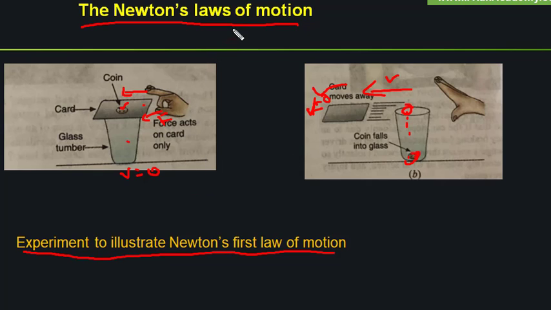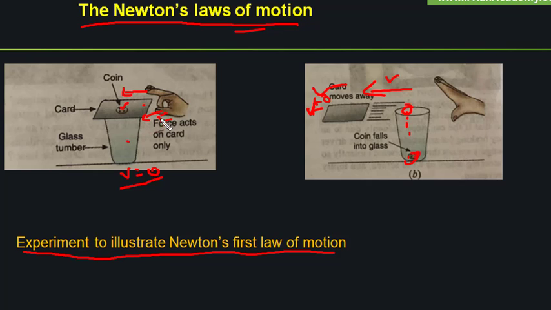Okay, so you understood. This is a simple example to illustrate Newton's first law of motion. What you do, you take a glass, you take a card. On top of the card you place a coin, 1 rupee, 2 rupees, whatever coin you want to put. Now here you see both glass and card are obviously at rest, means not moving. Now with your hand and finger, you apply a force on this card.